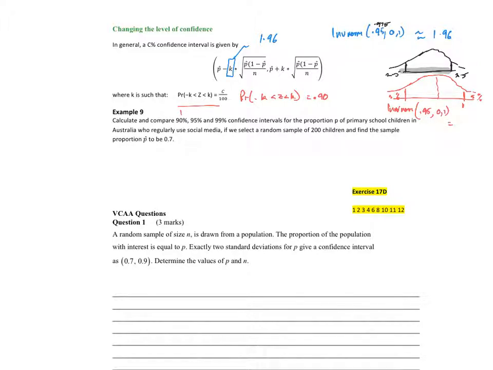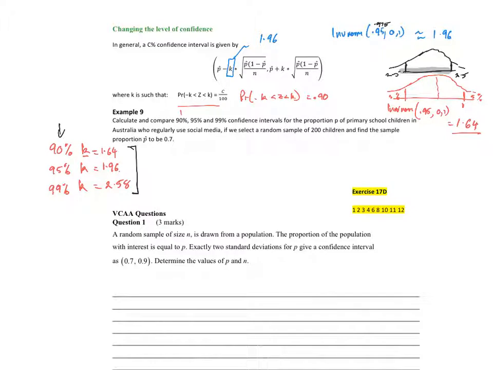I get 1.644, so 1.64. So for a 90% confidence interval, my K value is 1.64. For a 95% confidence interval, the K value is what we'd already had, 1.96. And for a 99% confidence interval, K is going to be 2.58.